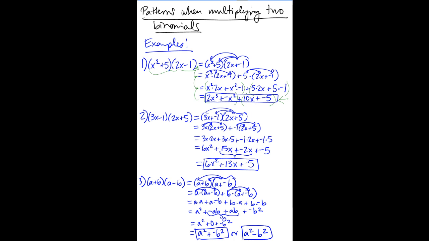Notice, to get to this step here, I need to be able to pull an x squared out of these first 2 terms. And to get to this step here, the second part, I need to be able to pull a 5 out of the last 2 terms. So if we just group these 2 terms together, we can look for the greatest common factor, which is 5.